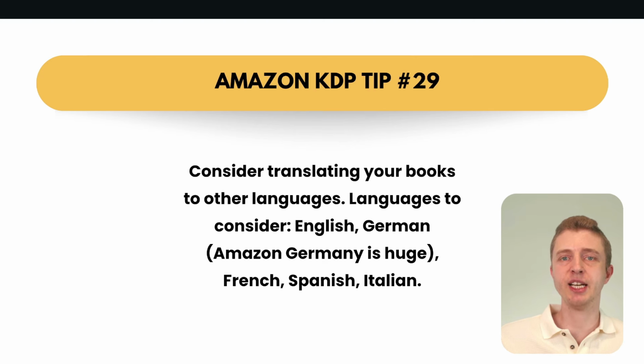Right after that you have Germany. Amazon Germany is huge, so there's a huge market and potential for you to sell books there. You also have the French, Italian, and Spanish markets in Europe, so you can translate your books into all the different languages. But if you're just going to consider one language, I would recommend starting with German, just because it has the biggest market outside of the English-speaking population.